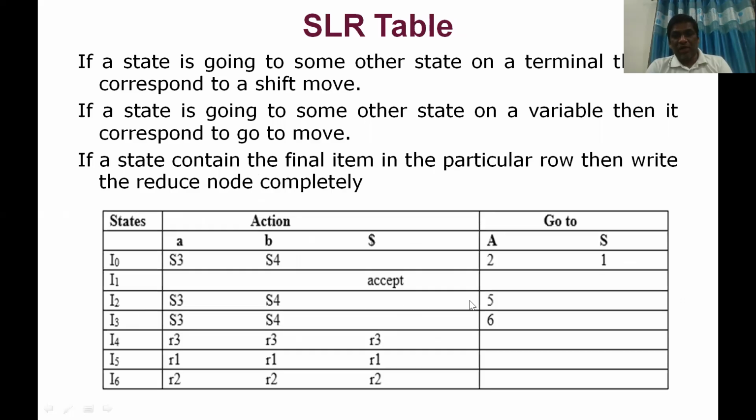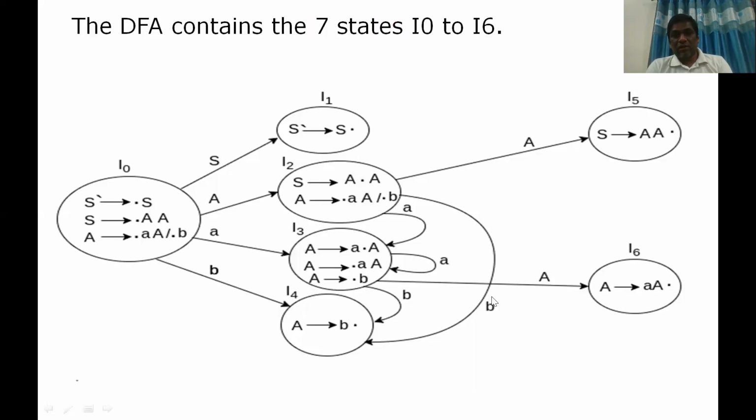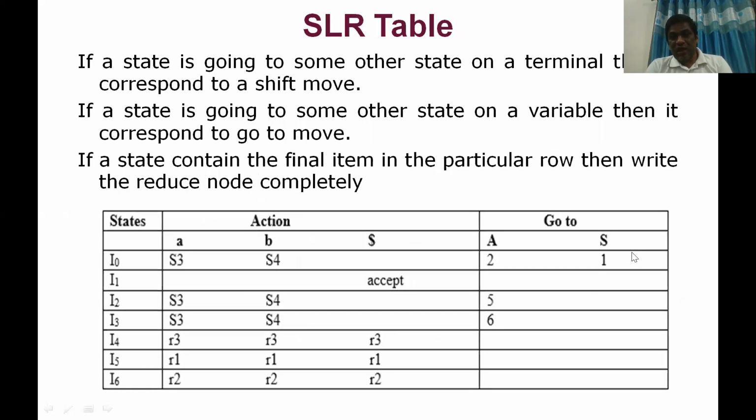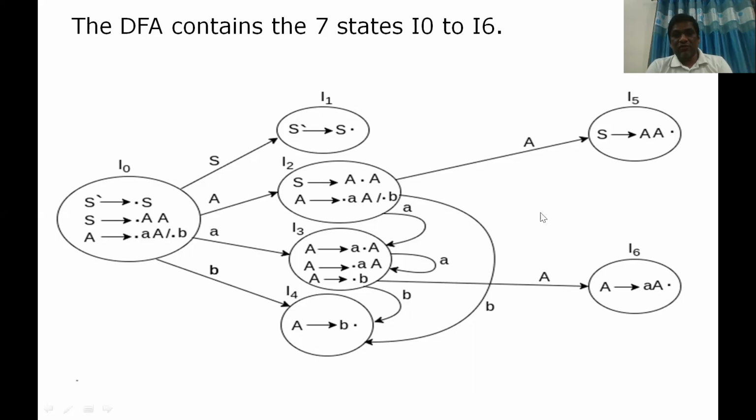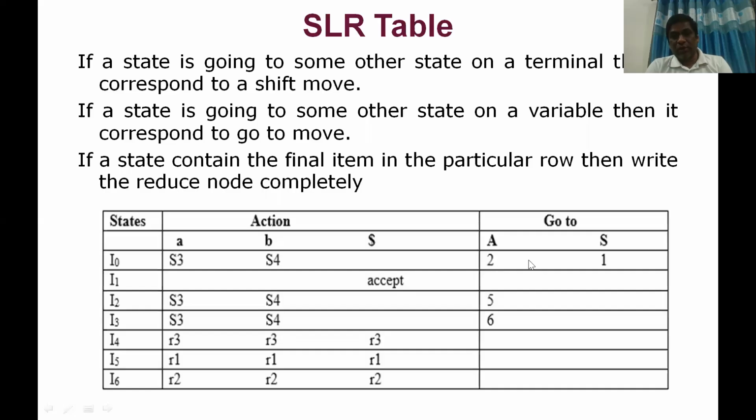Then I3 on capital A is 6. And the variables are completed. There are 4 variables on arrows, so you should get 4 values in the goto table.